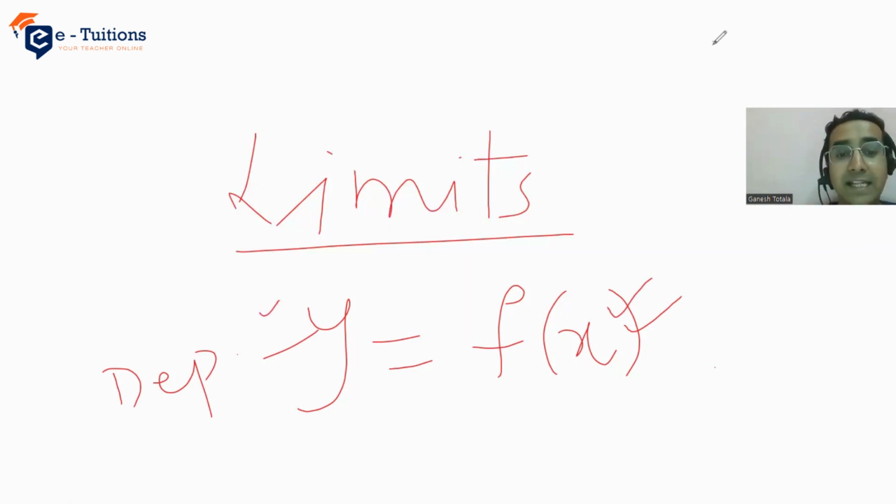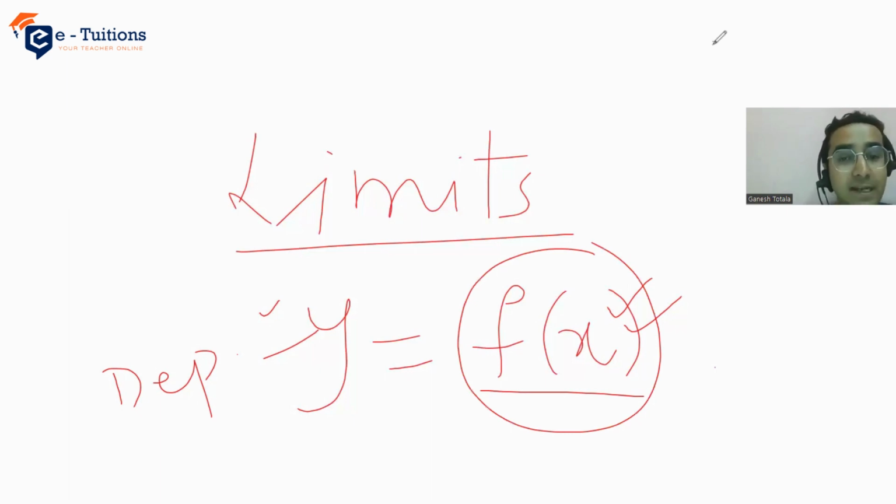So let's consider a function y is equal to f of x, where x is the independent variable and y is the dependent variable. Now suppose I have to find the limiting value of this function f of x. The limiting value is the maximum value that the function will achieve when x moves towards some value.